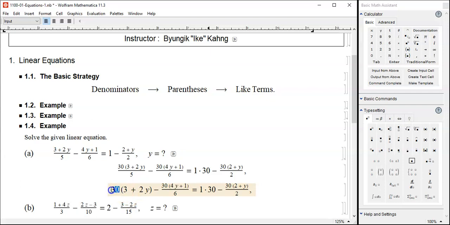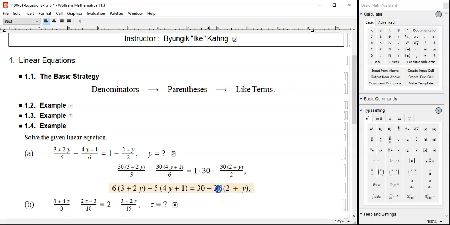That's 6. The purpose of all this LCM business, the LCD business, is to remove the denominator. Remember that. 30 divided by 6, that's 5. And 1 times 30 is 30. And 30 divided by 2, that's 15.